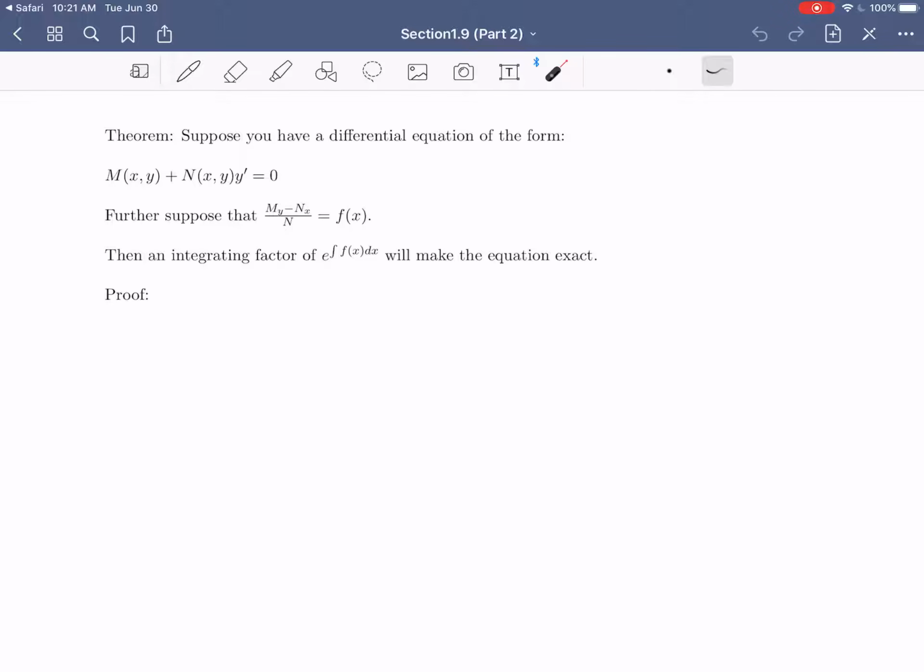What we're going to suppose, though, is that M_y minus N_x, which would be equal to 0 if exact, is not equal to 0.